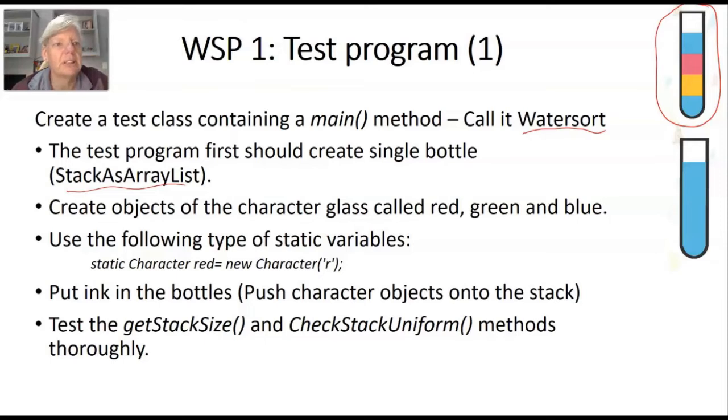And what objects are we going to push in it? You guessed it. We are going to use the wrapper class Character. Up to now we used the wrapper class Integer, but we are going to play now with the wrapper class Character. It makes it much easier to play with characters for the colors than it is to play with integers.